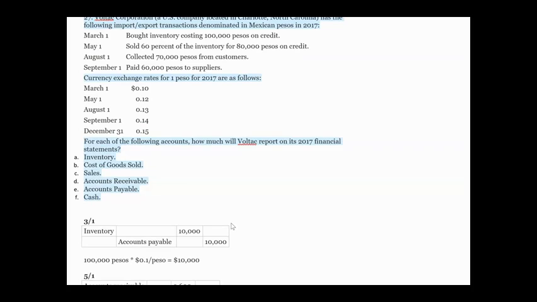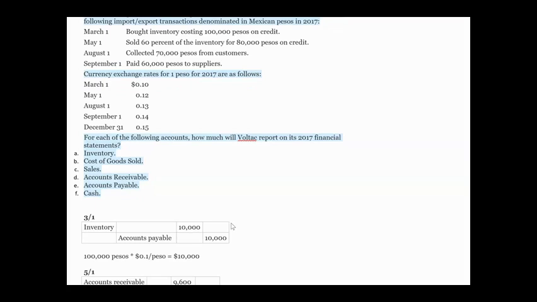On that date, 1 peso was 10 cents, so we use this exchange rate times the total pesos the company owed their suppliers, which equals 10,000. So this is the first journal entry on March the 1st.